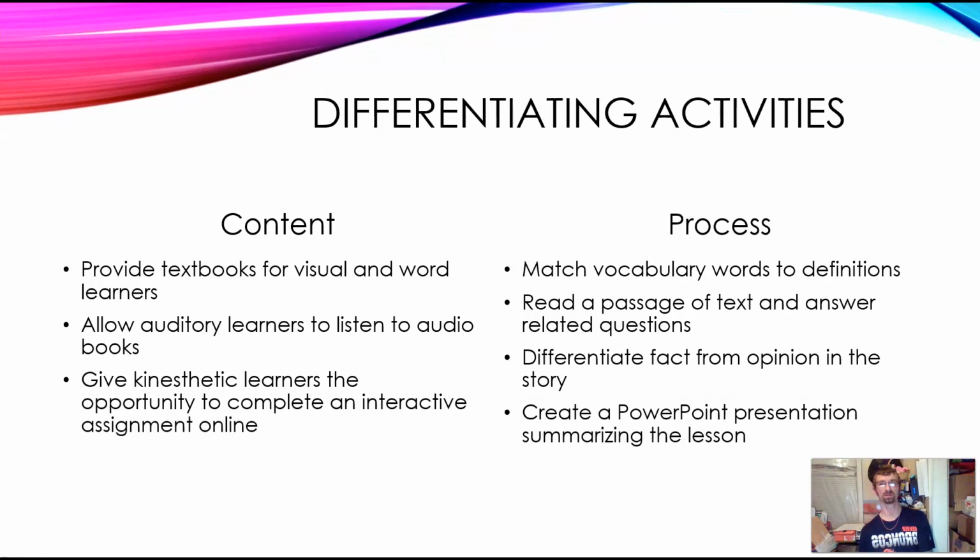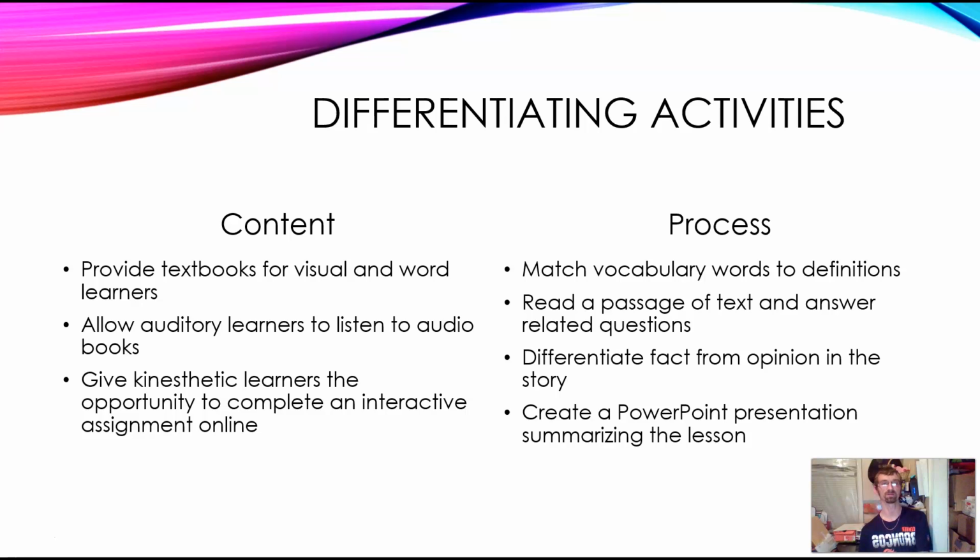So some different activities here, like for content, providing textbooks. This is similar to what we just talked about with UDL: allowing auditory learners to listen to audiobooks, giving kinesthetic learners the opportunity to complete an interactive assignment online.